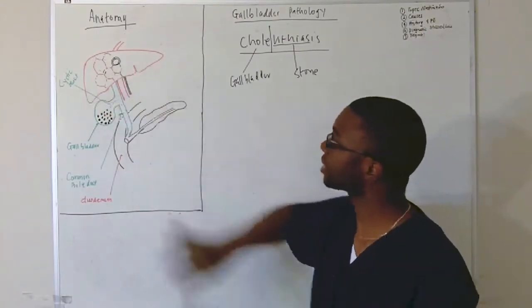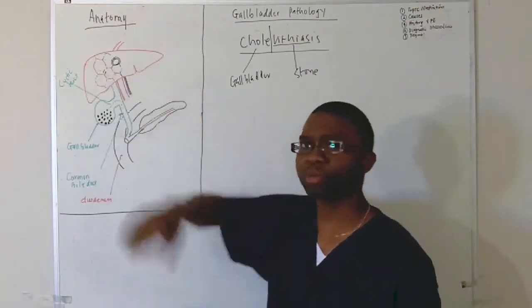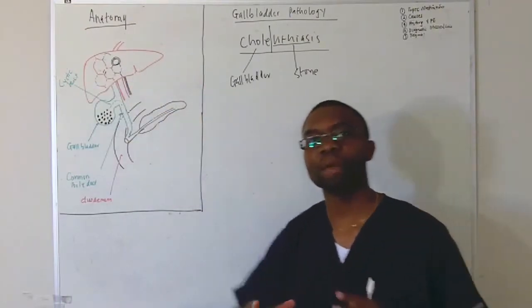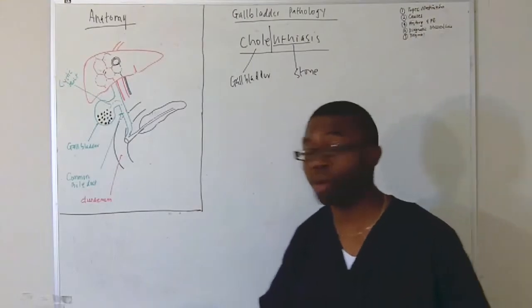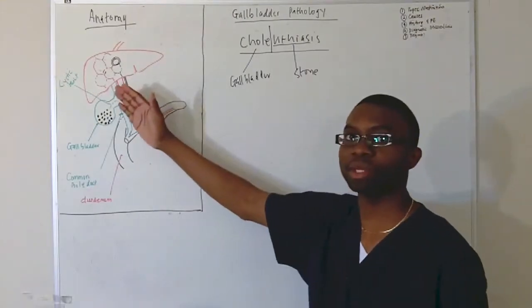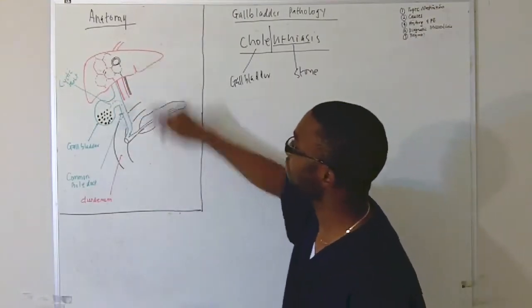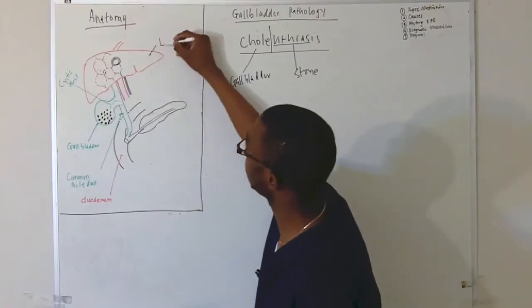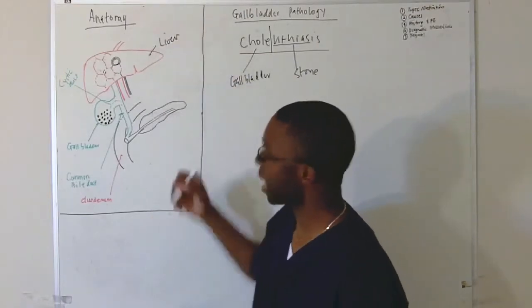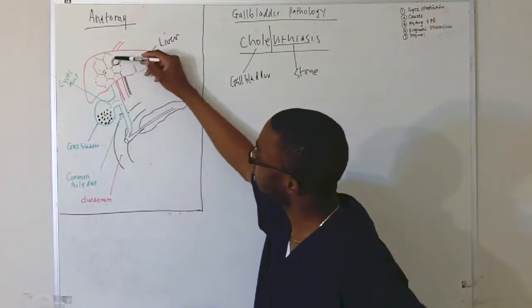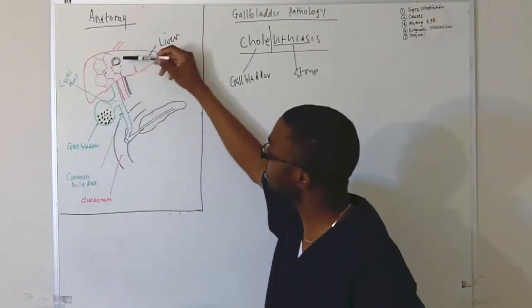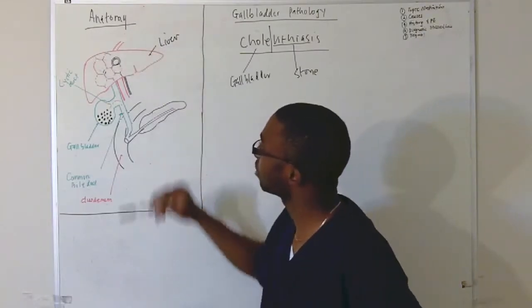But I want you to focus on this side of the board because I want to talk about the anatomy first, because everything we're going to be doing from now on is going to be based on this anatomy, okay? So that is the liver, right? And inside the liver, you've got hepatocytes, which you can see over here.